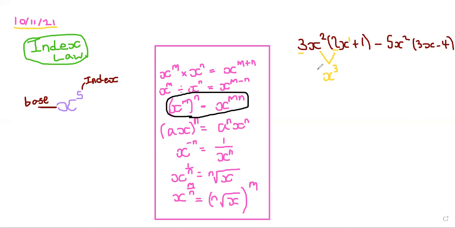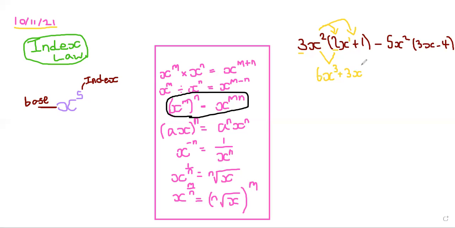So what you'll get is 2 times 3, which is 6. So what we get from that is 6x cubed. And another important rule is when you're multiplying out brackets, or you should know this by now, that you have to multiply by everything inside the bracket. So then we're also going to have 1 times 3x squared, which is just 3x squared.